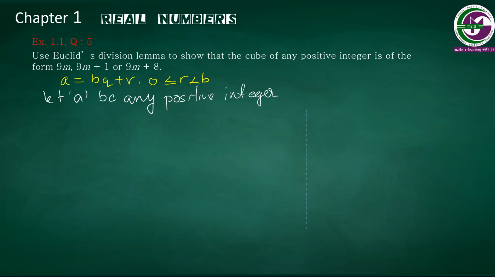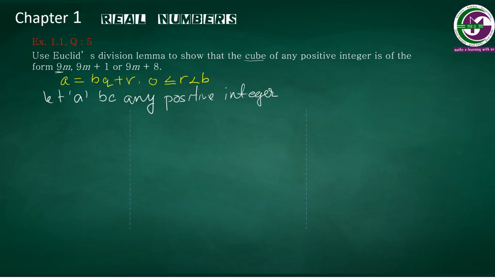Now we need to take a value for q. So normally we were looking at the question, and we'll check which number is coming here. So here you can see it is 9, but it is the cube of any number. We need to find the cube after stating the Euclid's division lemma. So it is enough to take b is equal to 3 also, because when you find the cube of 3, you'll get 27. From there you can take 9 common and you will get it.